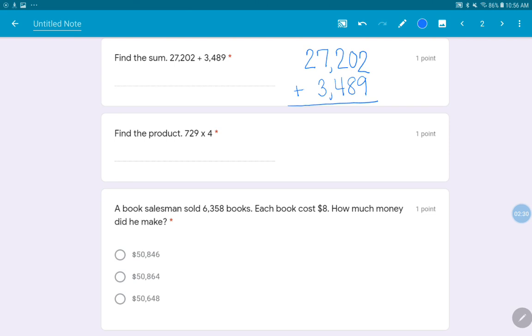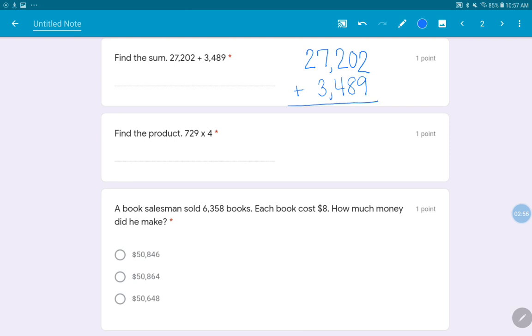Why did I put the 3 in 3,489 underneath the 7, Alexis? Because it's not in the 10,000 place. Yeah, there's no 10,000s in this number, so I have to make sure I line my thousands place value up.